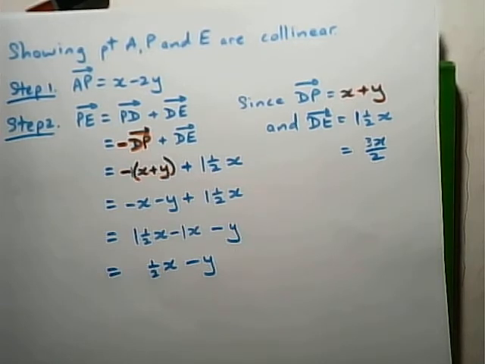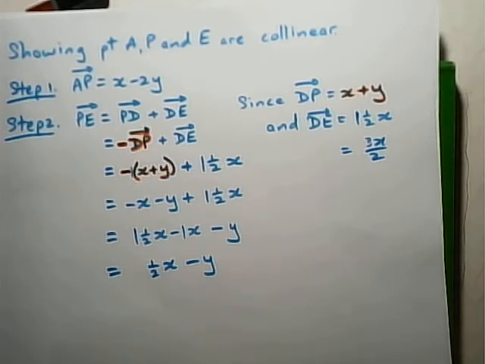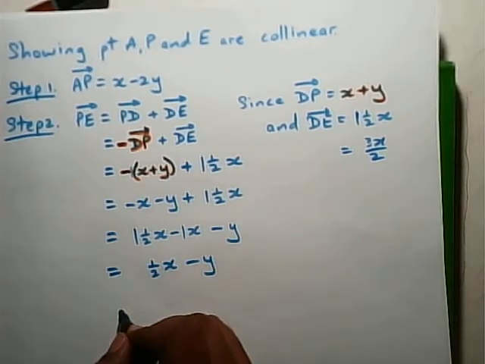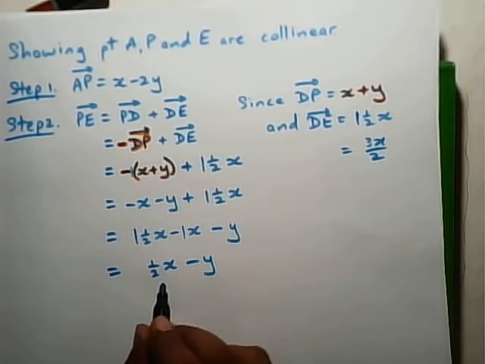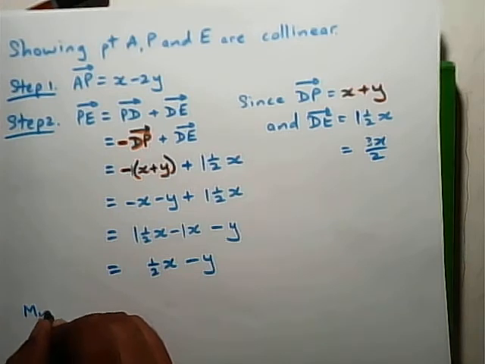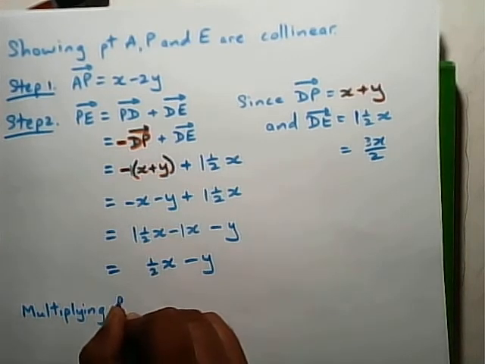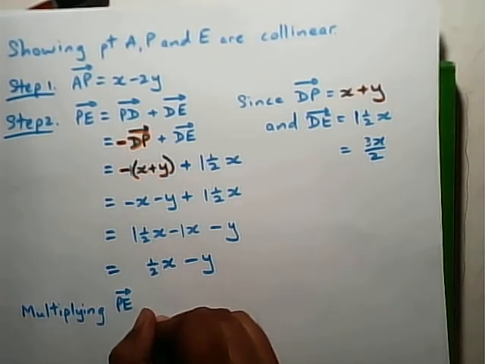Okay, now time to compare. We're going to compare AP and PE. If we take PE and multiply it by 2, what do we get? Let's try multiplying PE by 2.